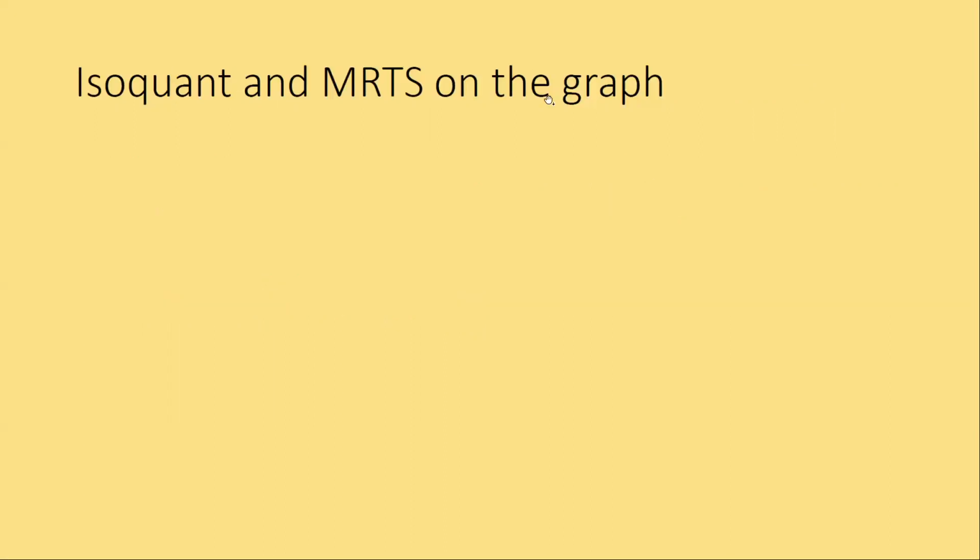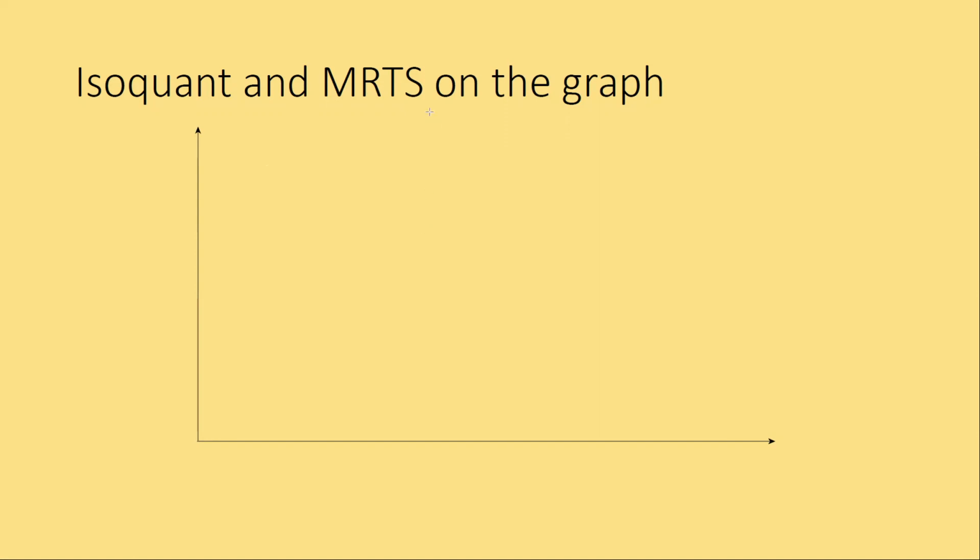So I'm going to draw a graph that you have seen many times before. And recall the isoquants we drew two slides ago, they were straight lines, because of the numbers given in the table.